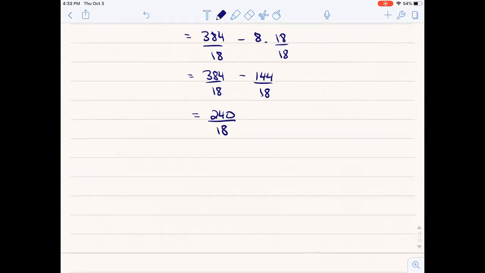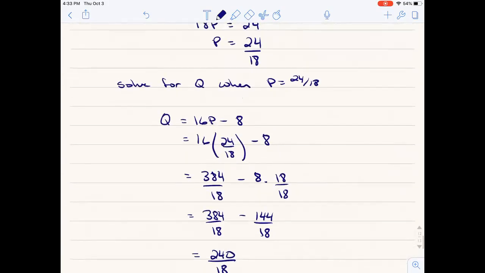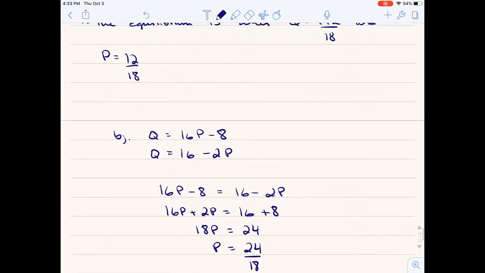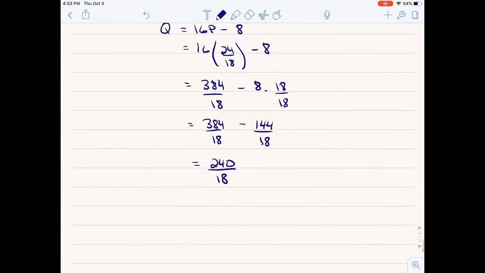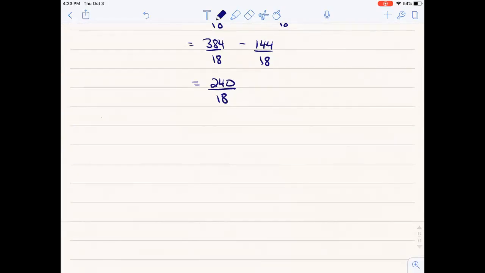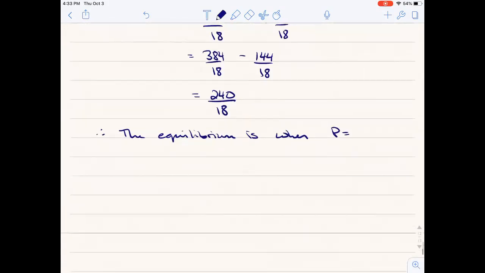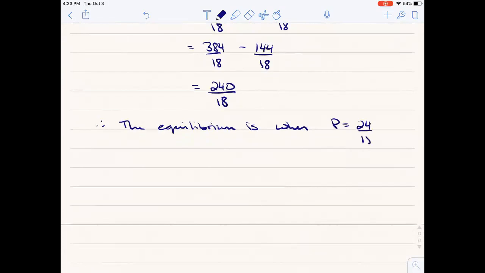And I'm just going to leave it at that. So we've got P is 24 over 18 and Q is 240 over 18. Therefore, the equilibrium is when P is 24 over 18 and Q is 240 over 18.